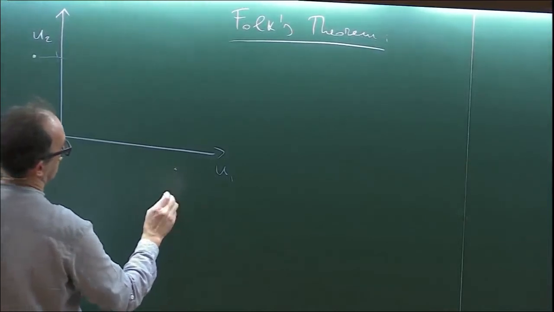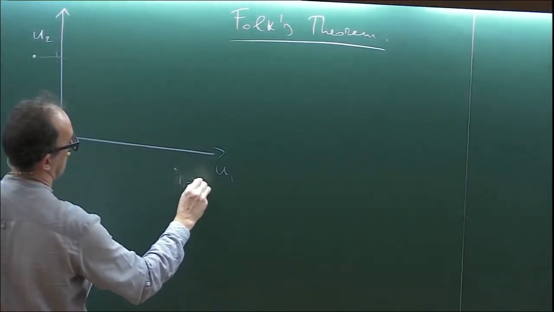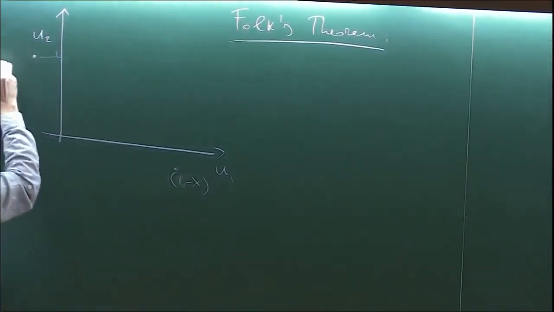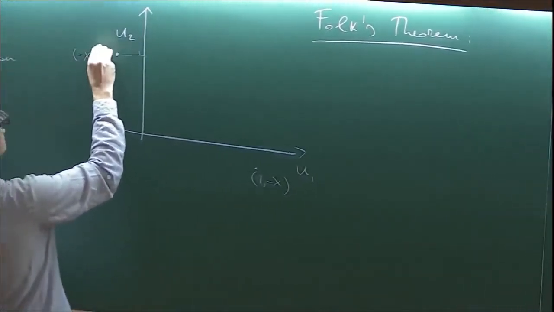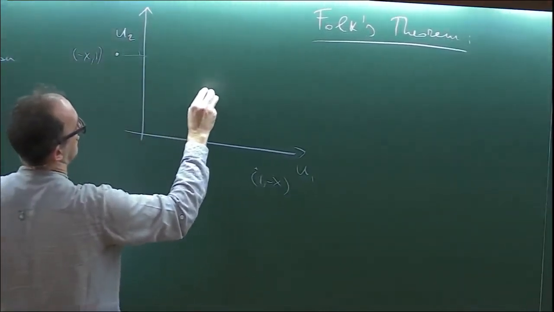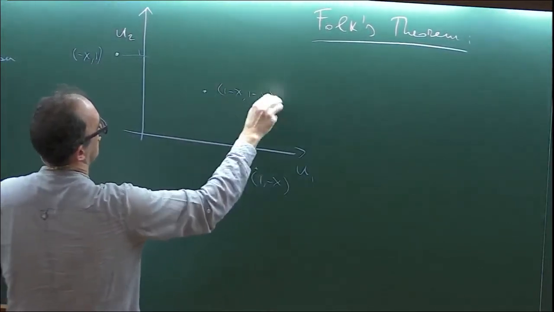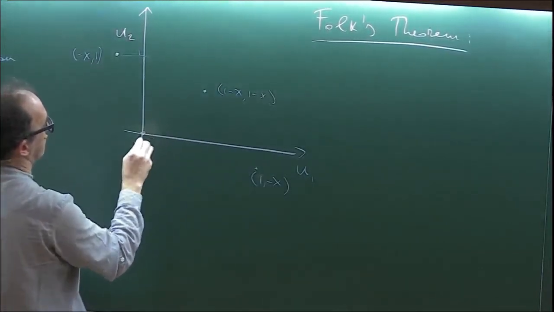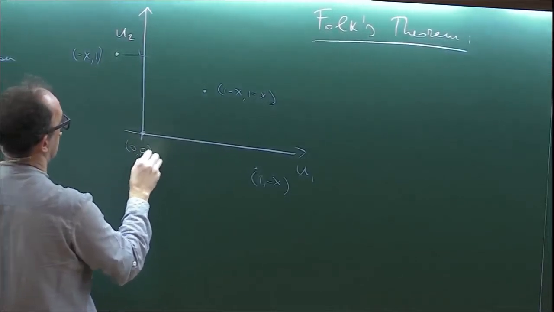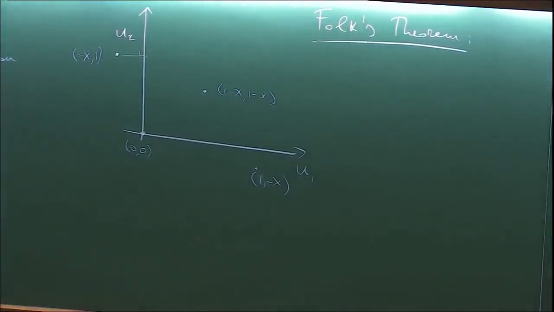This is the point 1 minus x. This is the point minus x and 1. This is the point 1 minus x, 1 minus x. And this is the point 0. These are the 4 points of the possible payoffs in this table.